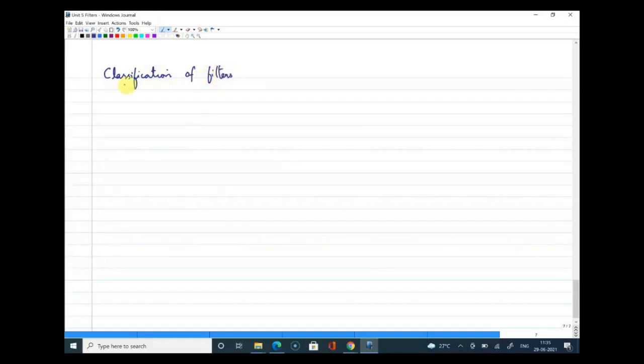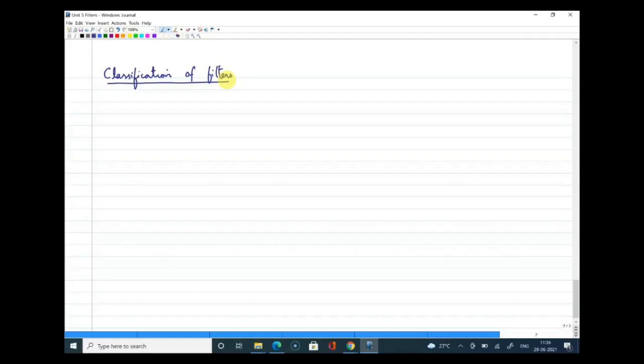We'll look at three different ways filters are classified. So one is, filters are classified primarily based on their characteristics. All right. So probably you can relate to that. When you say filter characteristics, you can classify filters into the basic four categories: low pass, high pass, band pass, and band reject.